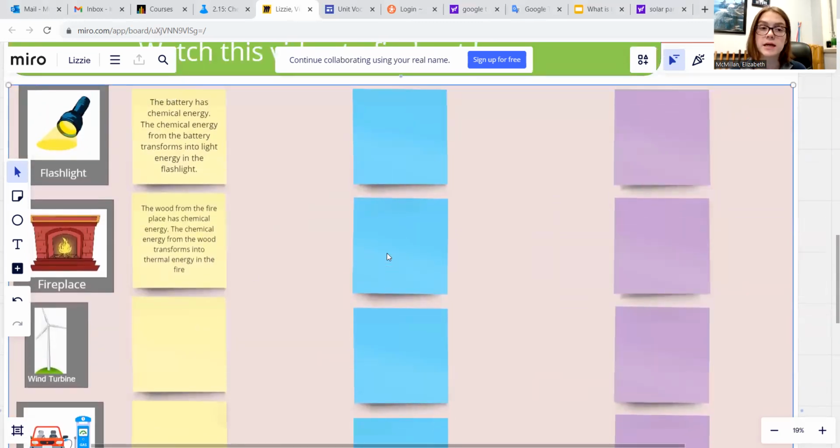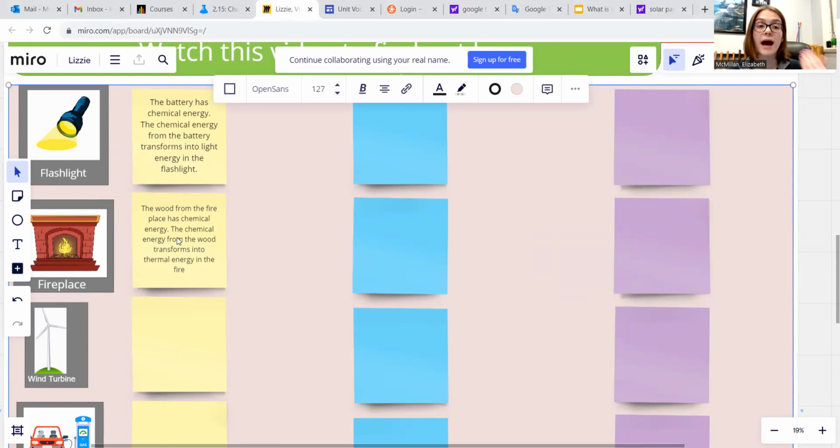We're going to take a look at this one, fireplace. Someone other than me made the fireplace example, so I'm going to figure out which energy types they used, and then come up with another example that uses those same two energy types. This is probably going to be the most difficult part of this practice, but we are going to get really familiar with this information, and this will be really good practice for us.